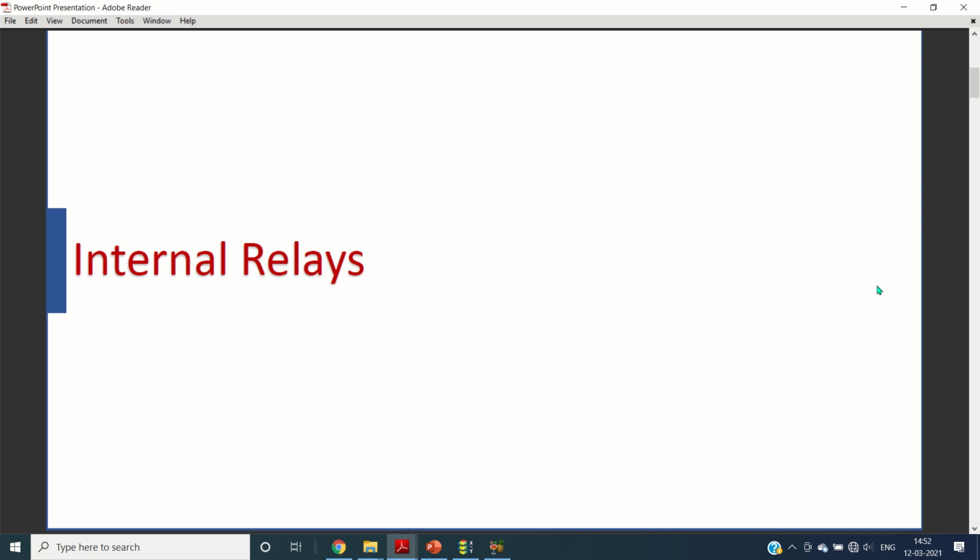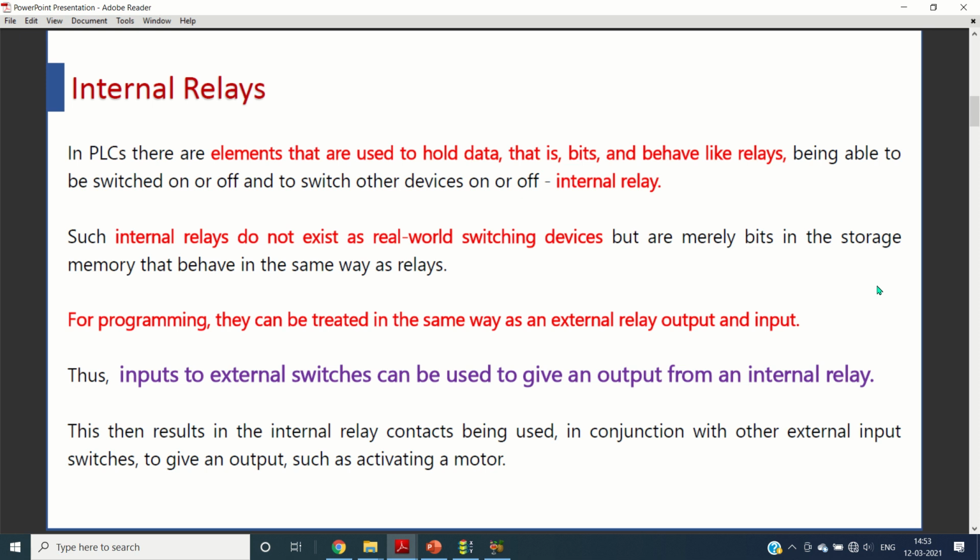Then the internal relays play a very important role. Many times I found in several programs that I have developed in different control situations that if there were no internal relays, perhaps it would not have been possible for me to develop that program. So let us see what internal relays actually are.